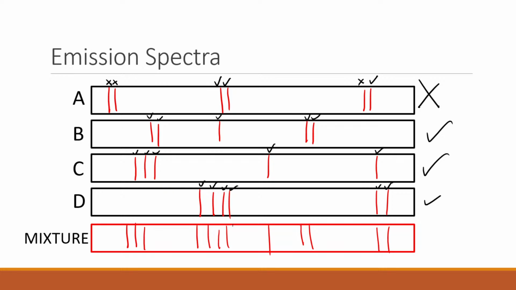What happens to the mixture if I take away that line? What element is now no longer a part of the mixture? By removing the line that was here.